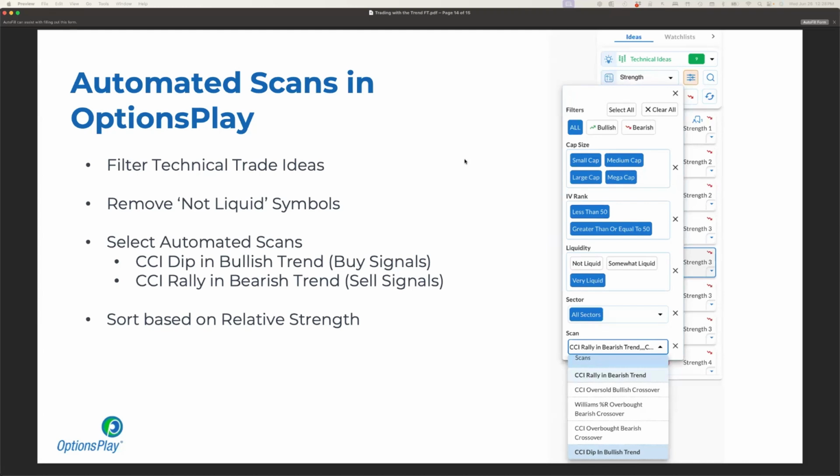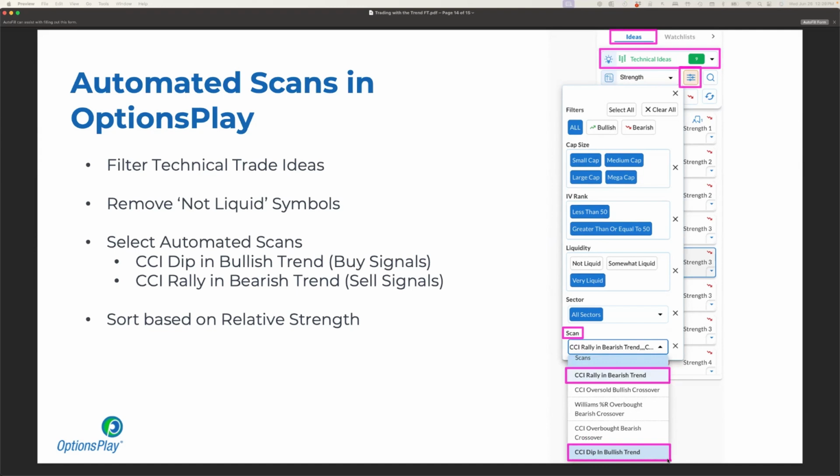And then what I can do is show you automation, so that our tool automates finding these signals for you and you can quickly find these opportunities in your trading account. We have it built into OptionsPlay, which you have access to with your first trade account. Under the ideas section and technical ideas, you can filter and sort those specific ideas. Under the scan category, you have CCI rally in bearish trend and CCI dip in bullish trend.